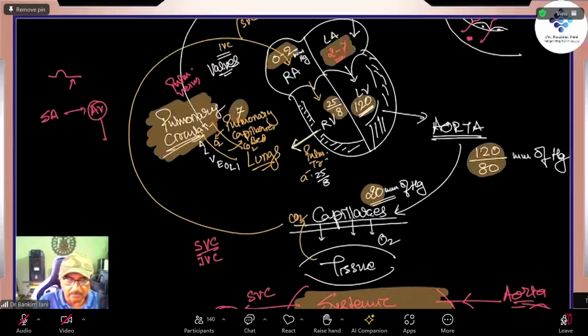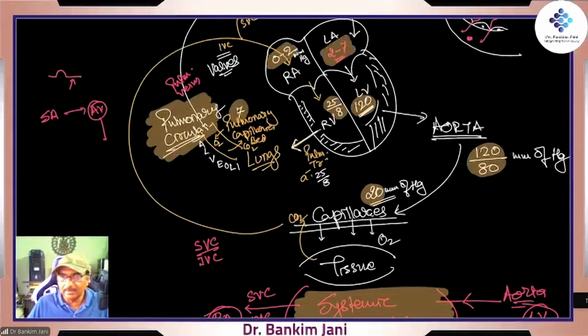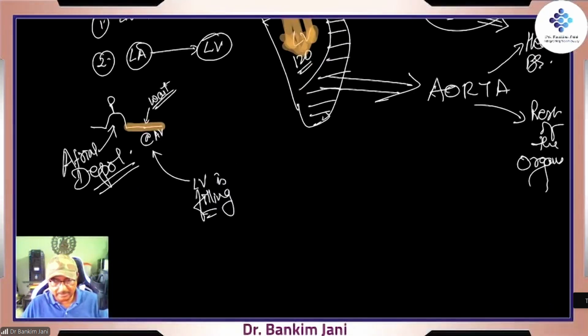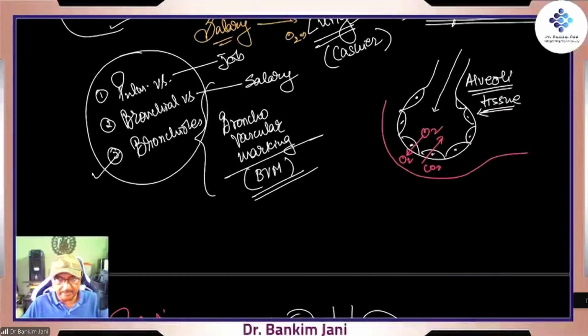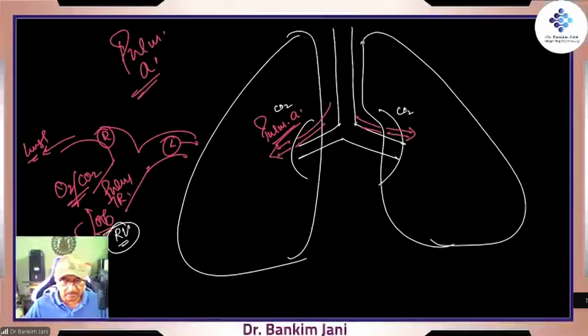Got it? So in the alveoli, that is what really happens. Gas exchange occurs. So these pulmonary arteries are for gas exchange. The extra thing which we have added is that this lung tissue will also get oxygen.